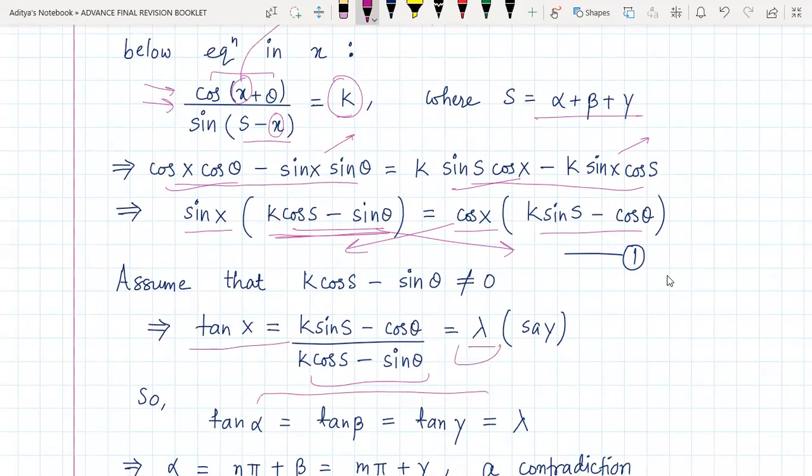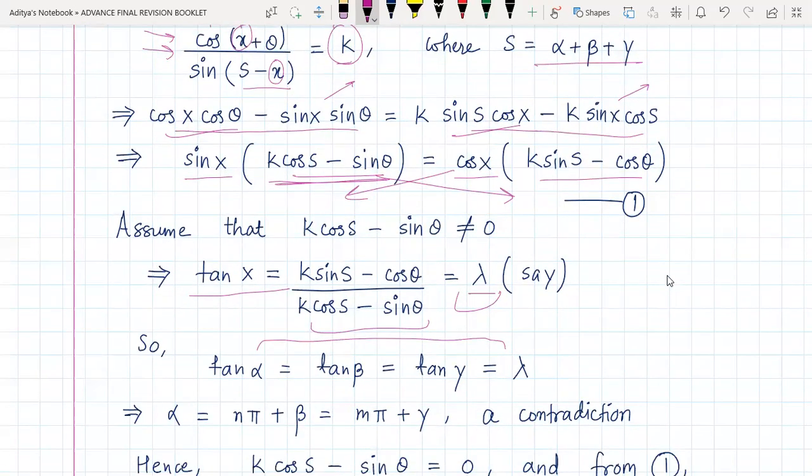So clearly they are all equal. This would imply alpha is equal to n pi plus beta is equal to m pi plus gamma, which is a contradiction, because alpha and beta would differ by an integral multiple of pi, which is given in the question not to be the case. Alpha beta, beta gamma, gamma alpha cannot differ by an integral multiple of pi.